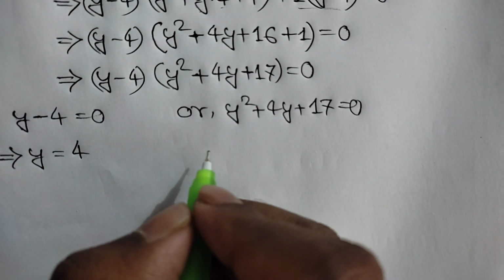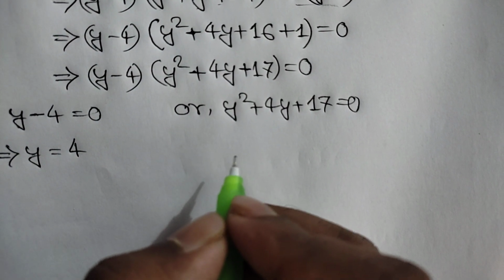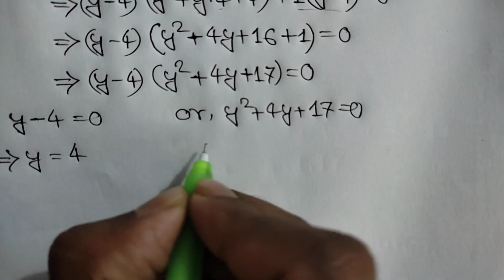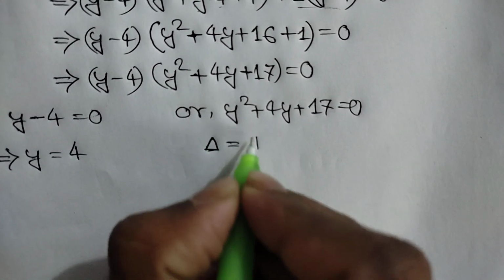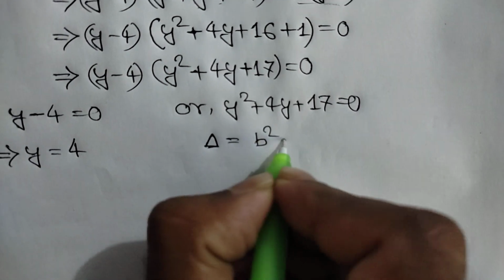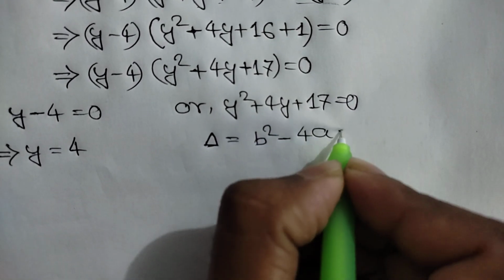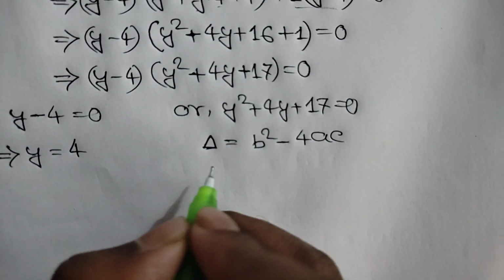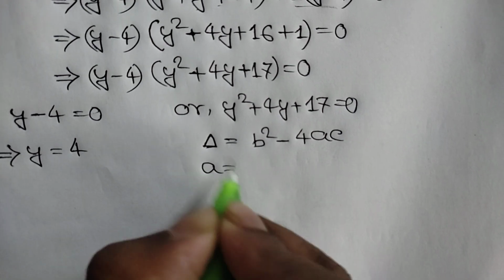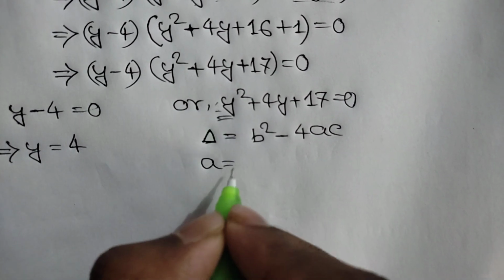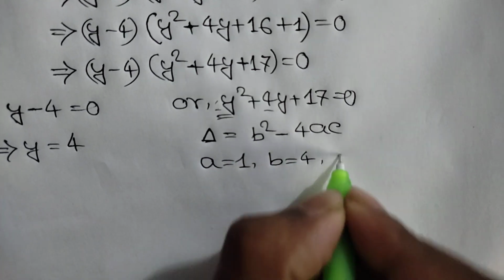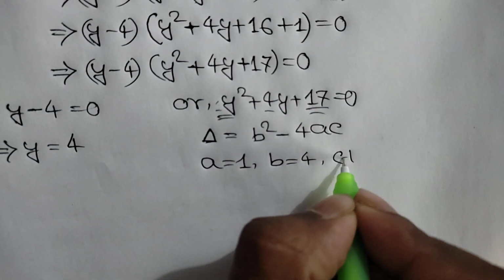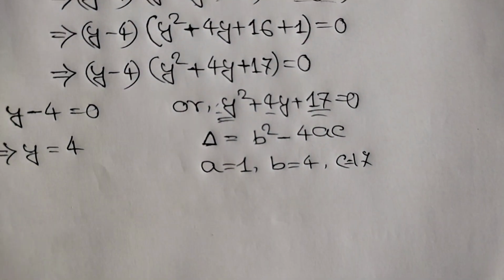Here we will apply the discriminant formula, so we write del is equal to b square minus 4ac. Here a is equal to 1, b is equal to 4 and c is equal to 17.